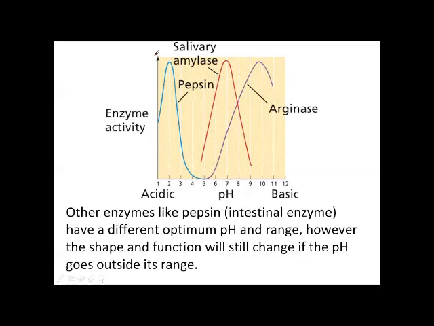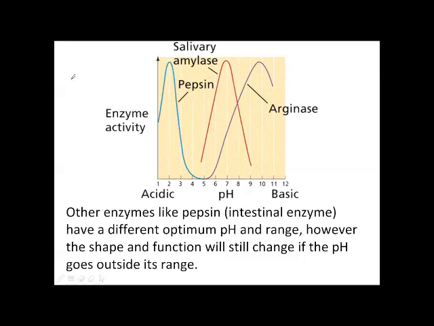Salivary amylase is an enzyme within your saliva. Because your saliva is quite neutral, it works best in a neutral situation. It works best when the pH is 7. Pepsin, on the other hand, is a stomach enzyme. In your stomach, you've got a high concentration of acid, so acidic conditions.